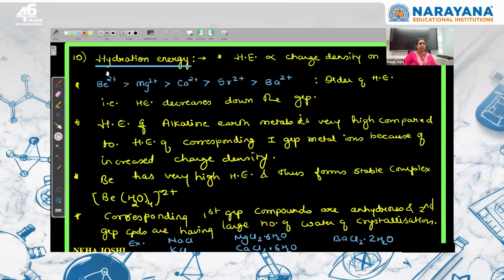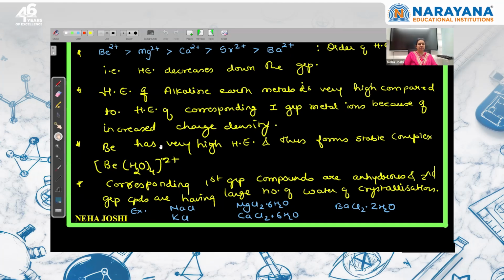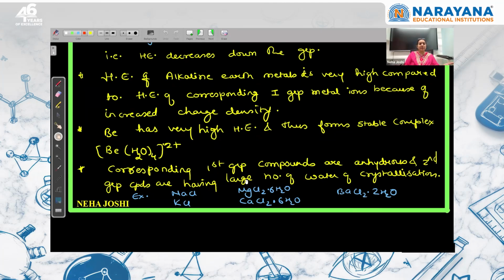Beryllium has the highest heat of hydration in both the first and second groups, and therefore it is always stabilized in water as [Be(H2O)4]2+. If you observe, the type and variety of hydrated salts of the second group is much more than in the first group. See, NaCl does not form any hydrated version.